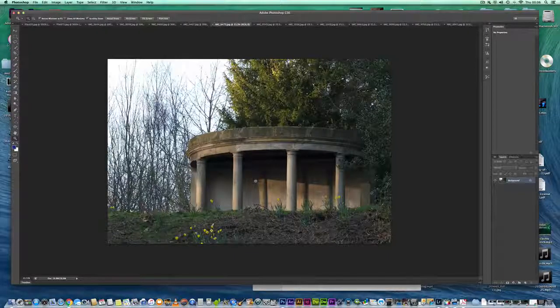Found this in the Yorkshire Sculpture Park. It's just basically sculpture, probably based on something from Greece.